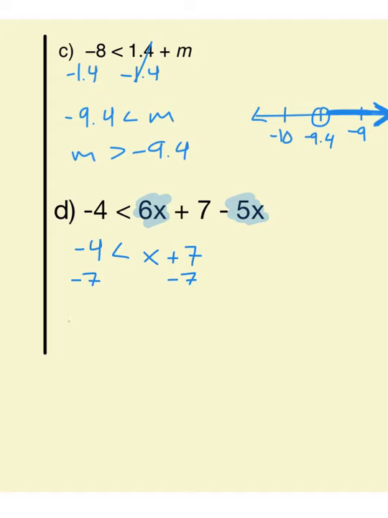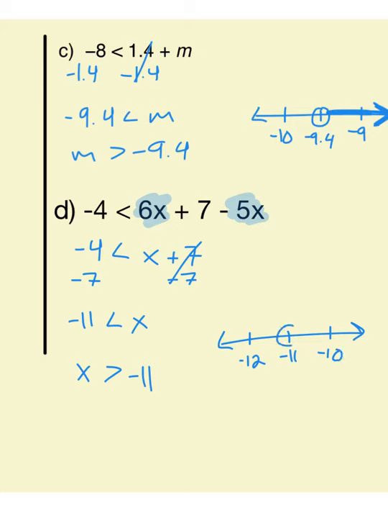Negative 4 minus 7 is negative 11. It is less than x. And it helps to have the variable first, so x is greater than negative 11. I'm going to write this on a number line. And circle on negative 11. X is greater than, so it goes to the greater numbers. And it's not equal to, so it's not shaded in.